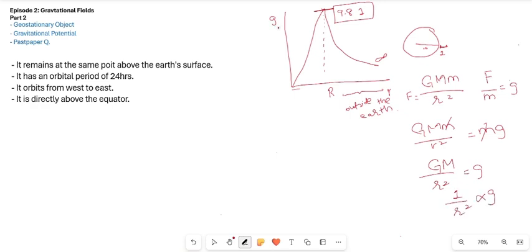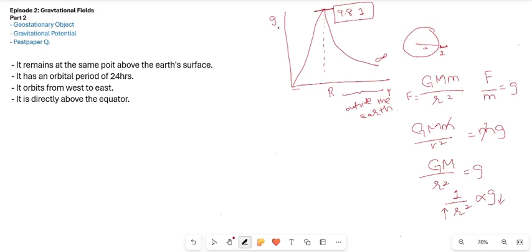Look at this. This is the relationship we found between g and r squared, which shows that since they're inversely proportional, as the distance increases, g becomes insignificant.